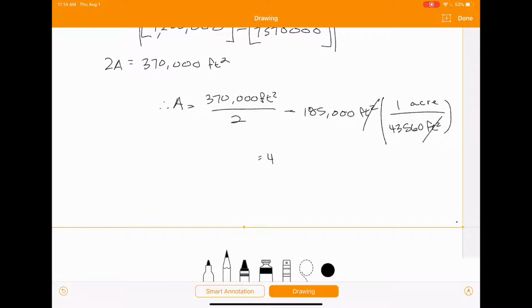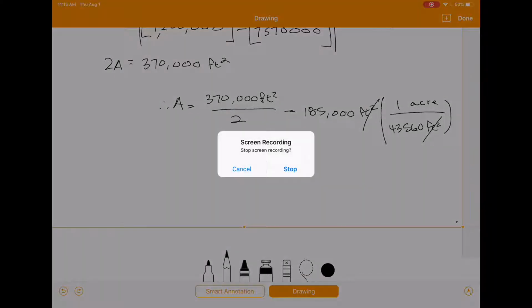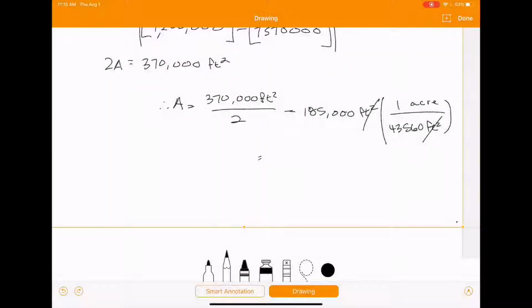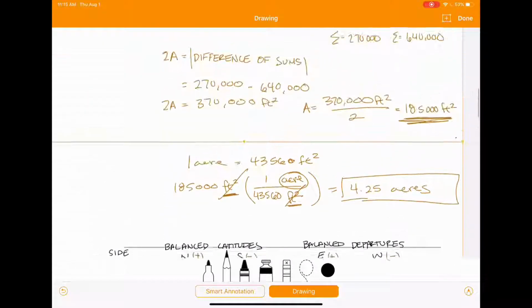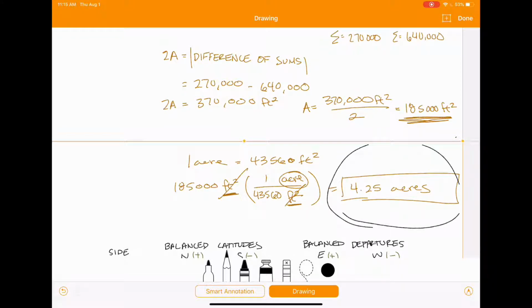And if you plug that into your calculator, you'll get that we have 4.25 acres, which is exactly what we got with our DMD method above.